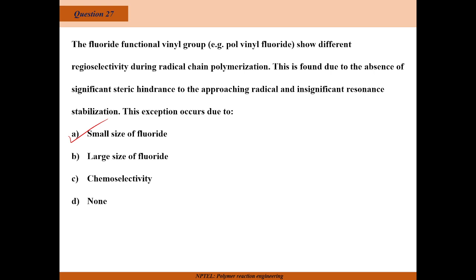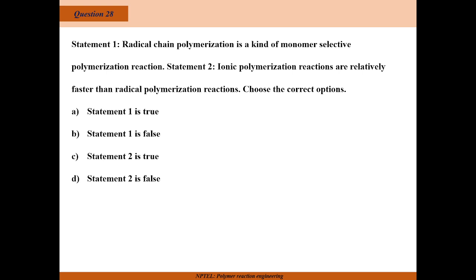So let's move on to our next question. Statement 1: Radical chain polymerization is a kind of monomer selective polymerization reaction. Statement 2: Ionic polymerization reactions are relatively faster than radical chain polymerization reactions. Choose the correct option.